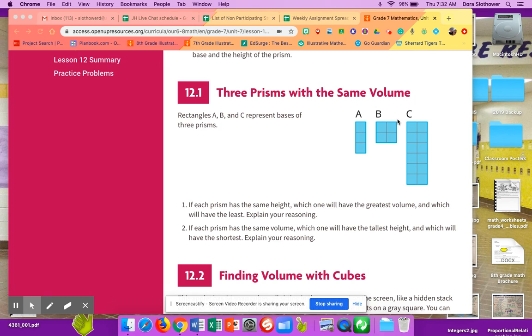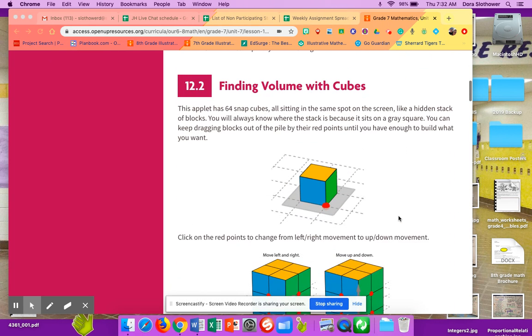If I did 36 divided by 4, I would know that the height of B is 9. And if I did 36 divided by 3, I'd know the height of A was 12. So the tallest one would be A in this case, and C would be the shortest. Good. All right. So 12.2.